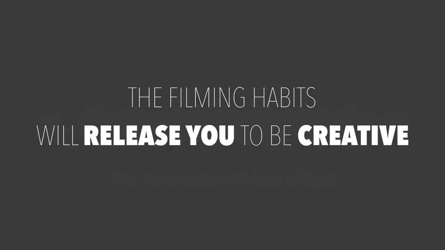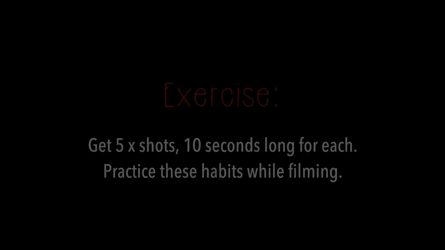Stop. Record. 1, 2, 3, 4, 5, 6, 7, 8, 9, 10. Stop. It doesn't have to be exactly 10. You might want to make it last longer, but make sure you get at least 10 seconds worth for each shot. Make these habits your habits when you film, and it will actually release you to be creative.